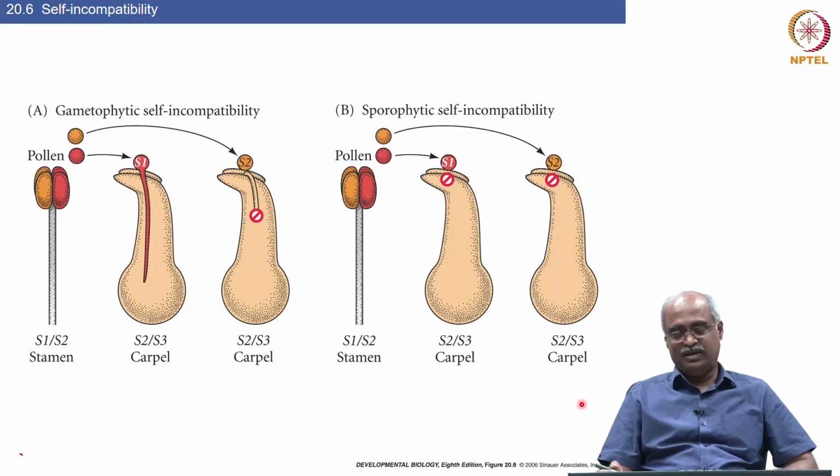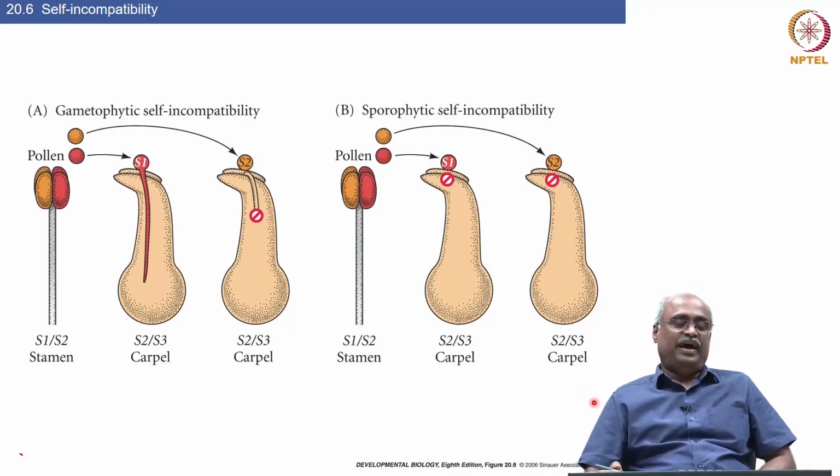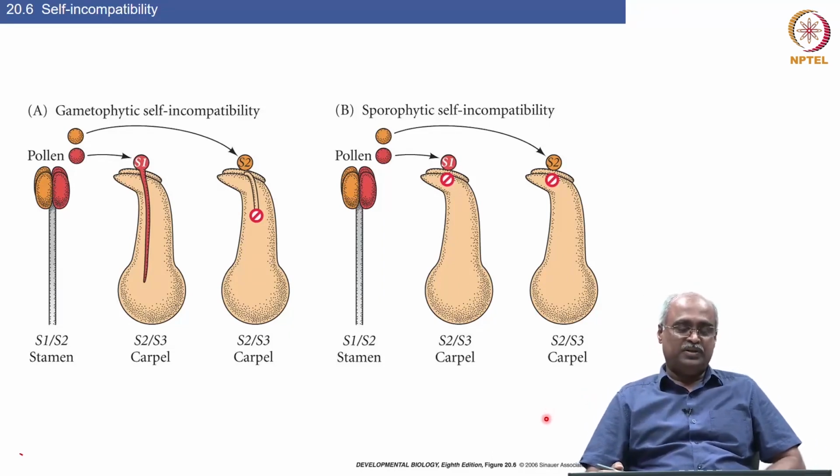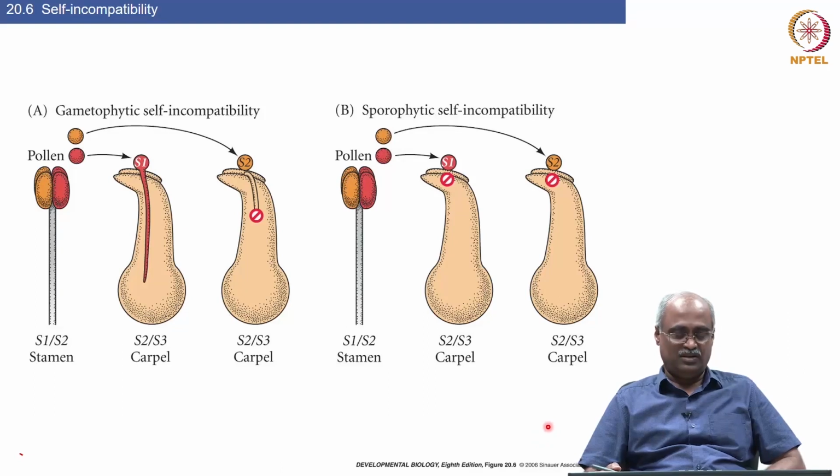These haploid cells of the spores undergo mitosis to finally make the gametes. And we were beginning to understand how the male gamete finds its way to the female gamete, and I told you that is pollination.